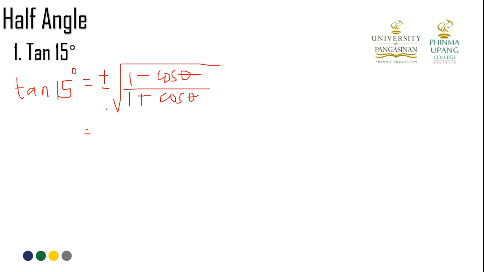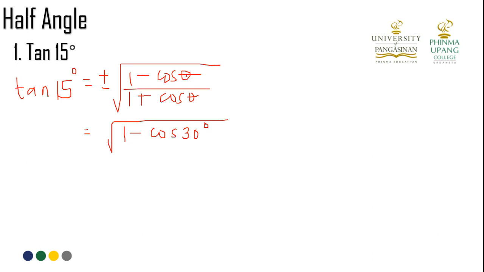So yung plus and minus, huwag na natin isulat. Magiging 1 minus cos 30 degree. Okay, ulitin ko. Yung half is 15. Tapos yung theta naman, yan yung kabuuan.